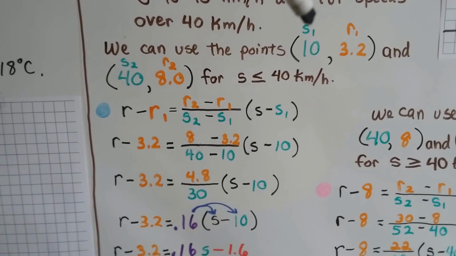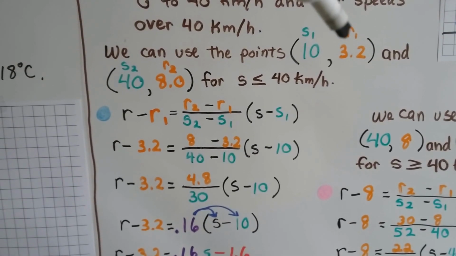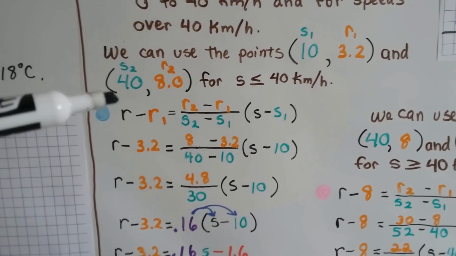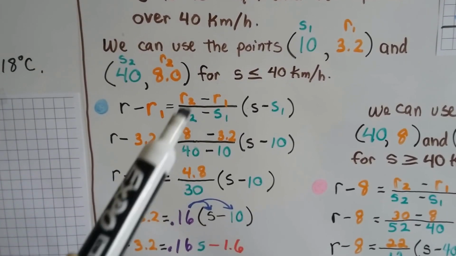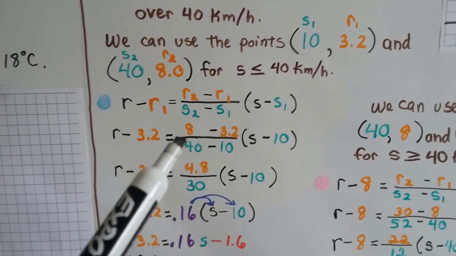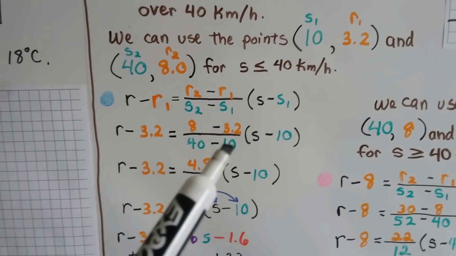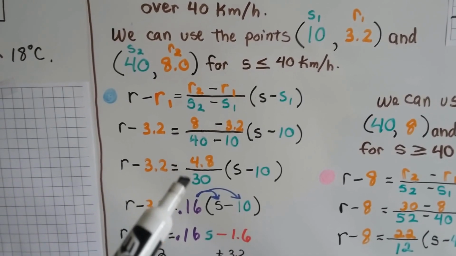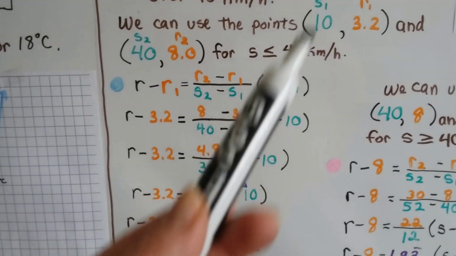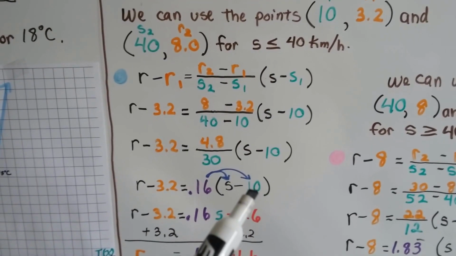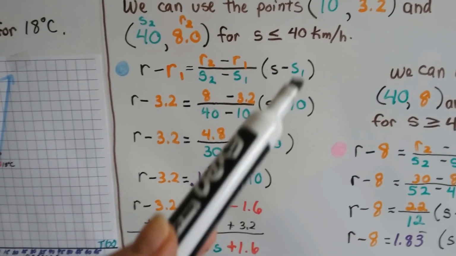We're going to use the points 10 for S1 and 3.2 for R1, 40 for S2, and an 8 for R2. We find the slope, and we get 8 minus 3.2 over 40 minus 10. That gives us 4.8 over 30, or 0.16. We plug in this 10 for the S1 value, and that would have been the X1, wouldn't it?